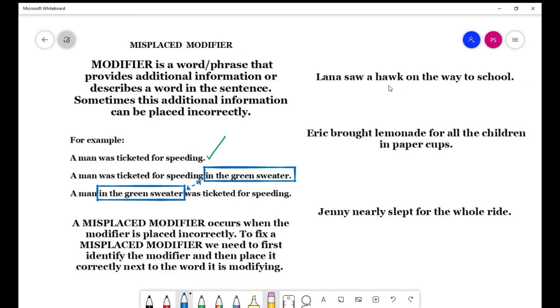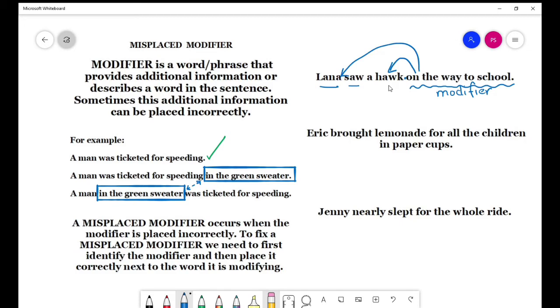Now, I could have finished the sentence right here by putting a period. Lana saw a hawk. There is a subject, there is a verb, and it completes a thought. Therefore, if I were to put a period here, that would be a correct sentence the way it is. This additional piece of information is our modifier, on the way to school. But who was on the way to school? The hawk or Lana? Obviously, it's Lana.